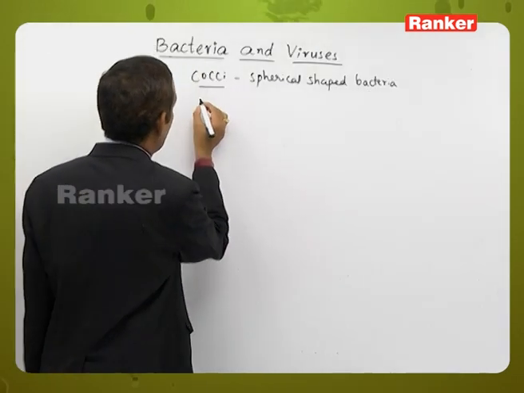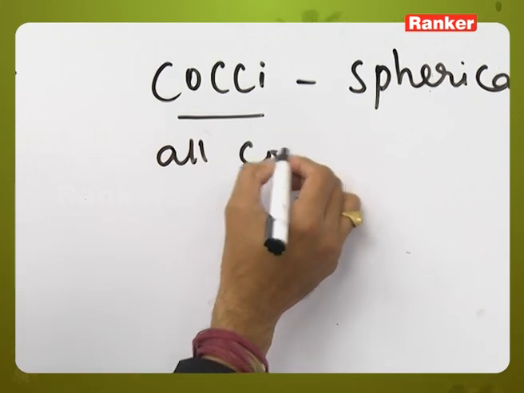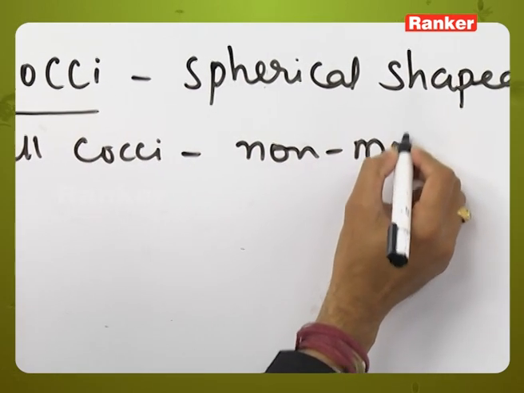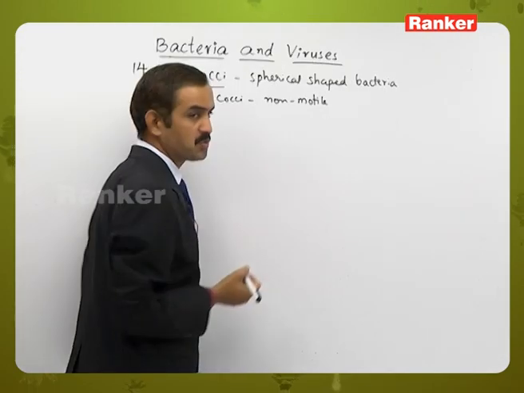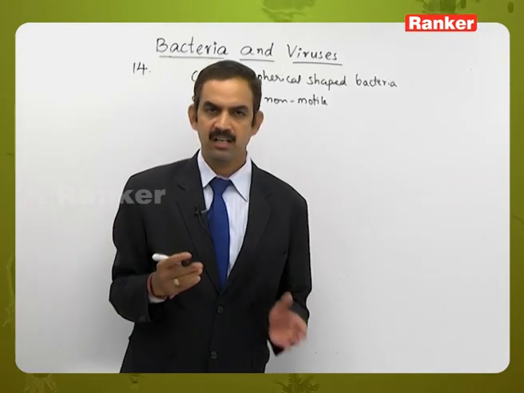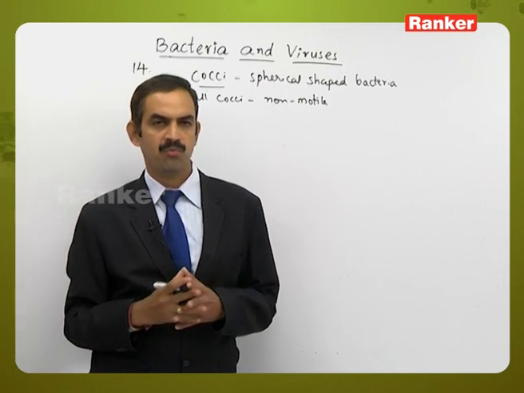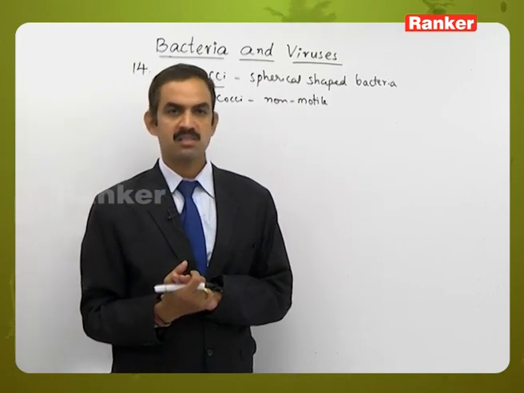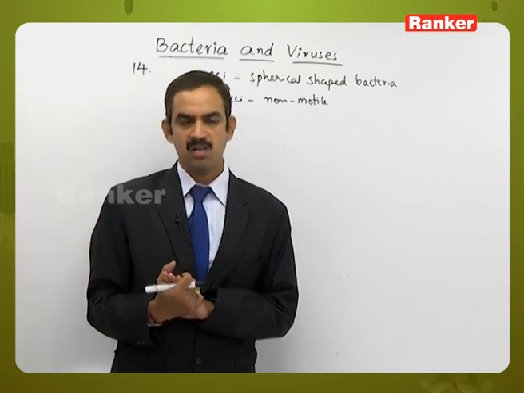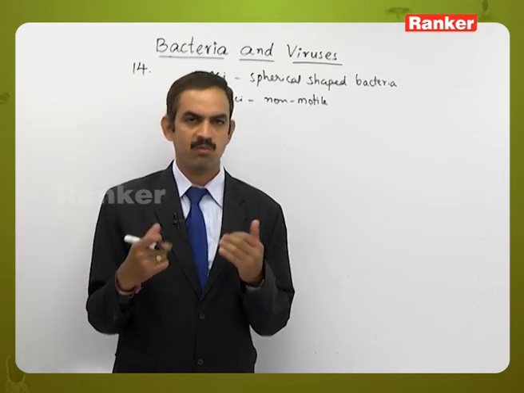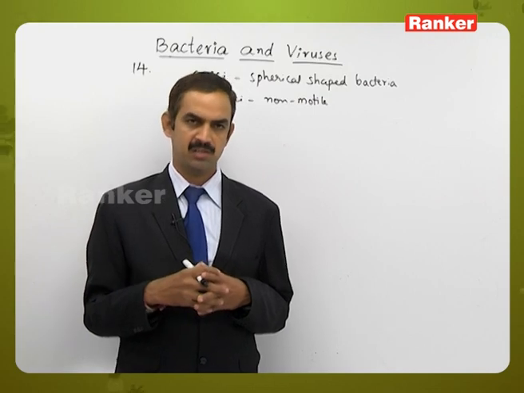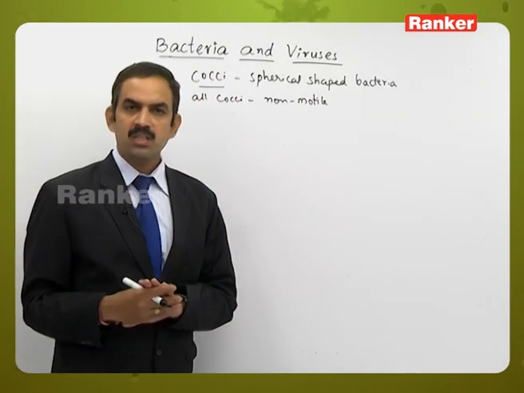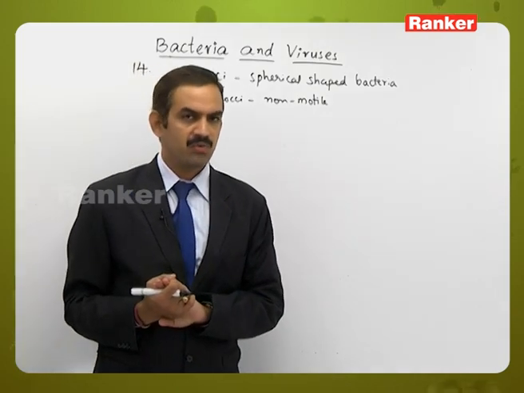Here all cocci are non-motile in their nature. When we say motile, they should contain either one or the other type of locomotor structures like flagella or cilia. With the help of the flagella or cilia, they will move in the water or whatever the environment in which they are existing. But here all cocci are non-motile, that means they do not have any special organ for locomotion.